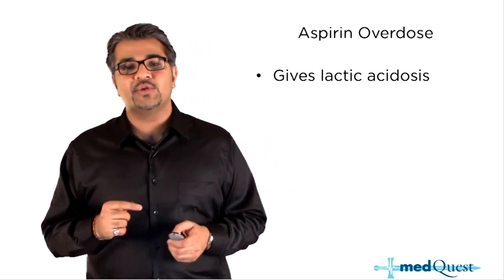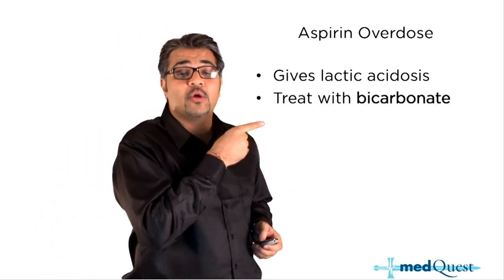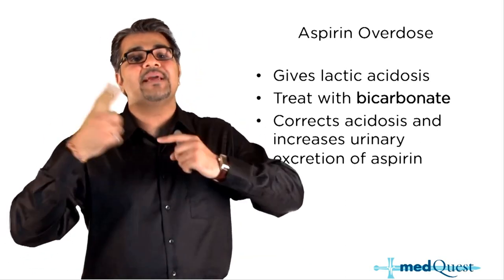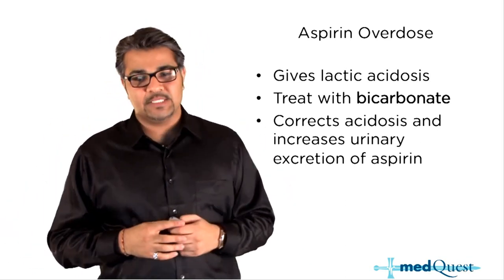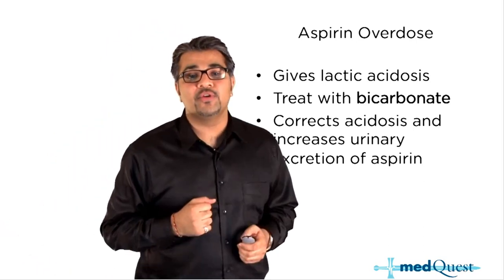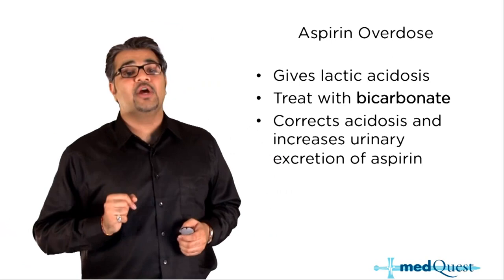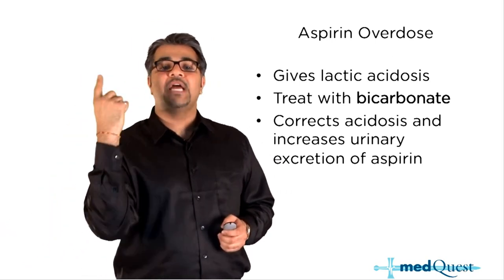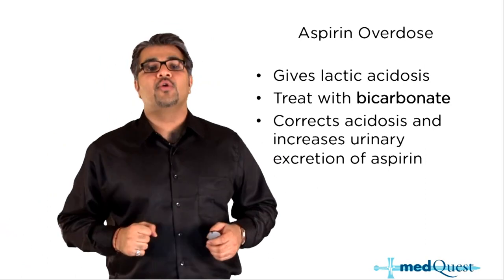This lactic acidosis, you treat it with bicarb. When I treat it with bicarb, that allows me to correct that acidosis, and then my kidneys can excrete aspirin. You need to correct the acidosis in aspirin overdose in order to help excrete the underlying problem, which is too much aspirin. And when that happens, the entire circle will break down, and you'll start to overcome it.